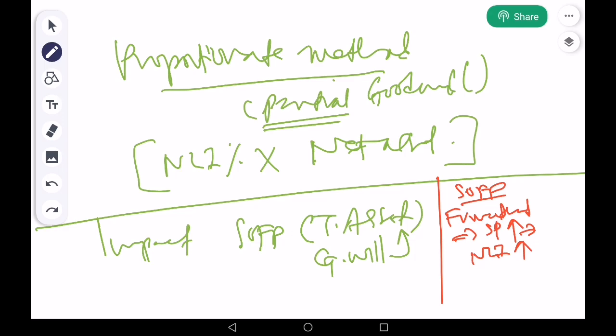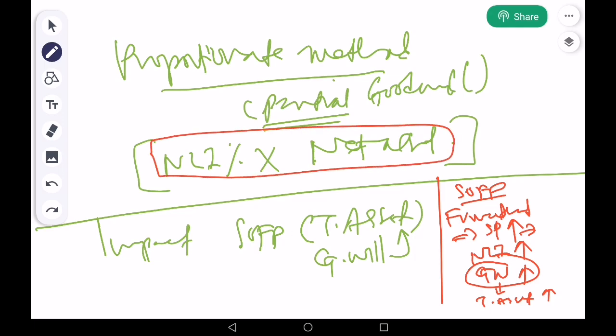When NCI is high, goodwill also will be high. So when goodwill asset is high, your total asset will be high too, compared to the proportionate method. Because in the proportionate method, it will be lower due to you using only the percentage of your net asset to find your NCI.